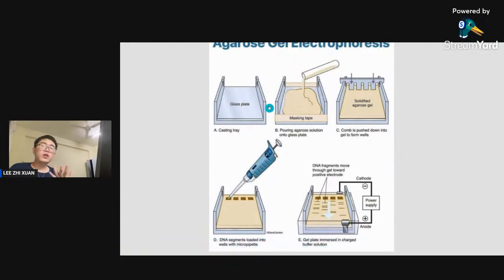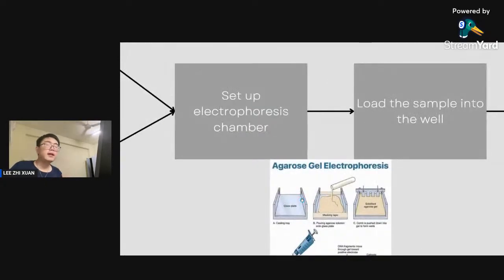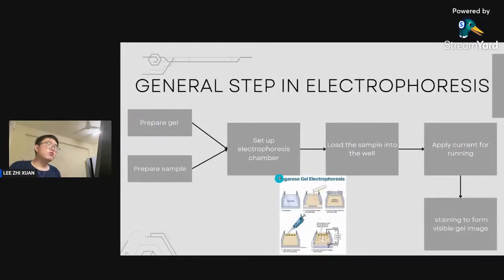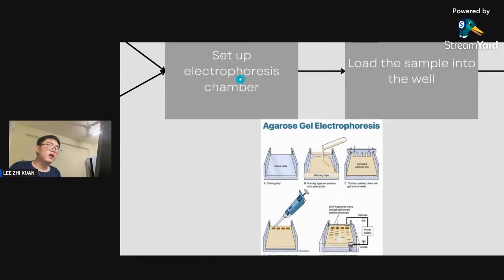To prepare the gel electrophoresis, we have to prepare the sample and also prepare the gel first. And then we have to set up the electrophoresis chamber. So this is what we call an electrophoresis chamber. It looks like that. You can imagine it like that, or you can Google an image.